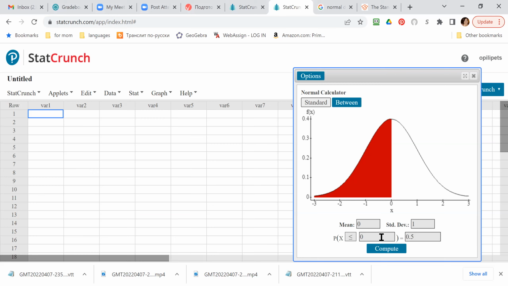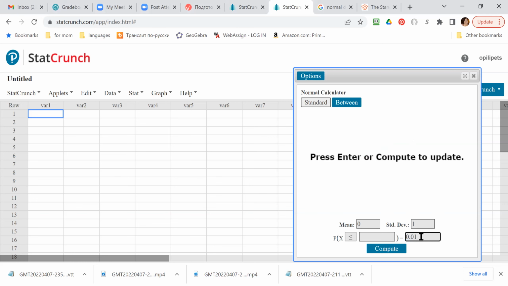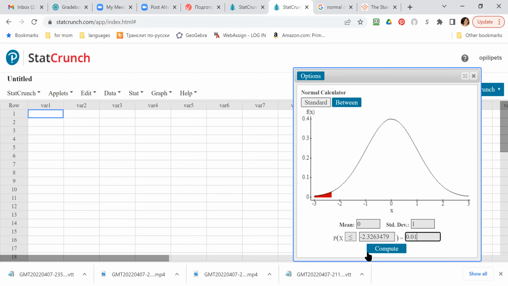So for our area to the right, remember this is our area field, or the probability field, we're going to put in 0.01, and that will give us a value. But look, it gave us the value that separates the bottom 0.01, which is fine. That's our value on the left end, and that value is negative 2.33 approximately.